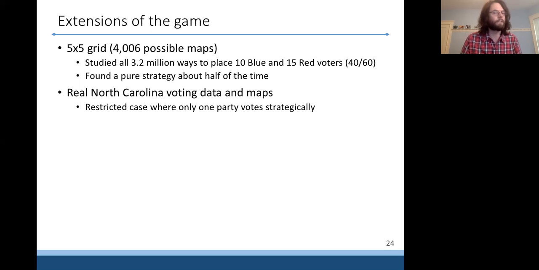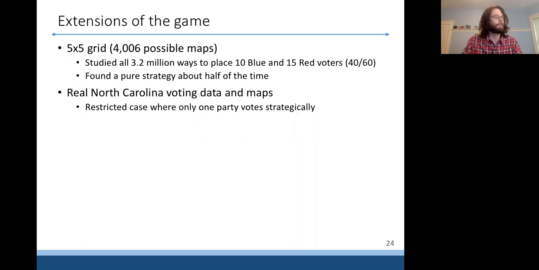We further extended this to real North Carolina data, and here we had to make an assumption that the other party doesn't cheat. So I don't know how to find a pure strategy in this case, but for our heuristic, we assume that maybe it's like a sneak attack or something. Only one party is voting strategically. So here we looked at the old North Carolina maps that were used in 2016 that were seen as gerrymandered, where 3 Democrats and 10 Republican seats were awarded.